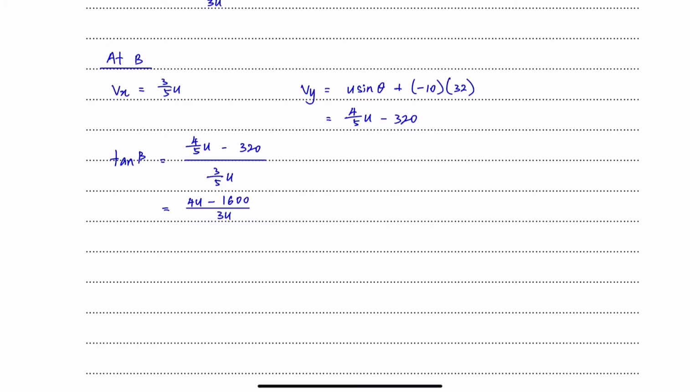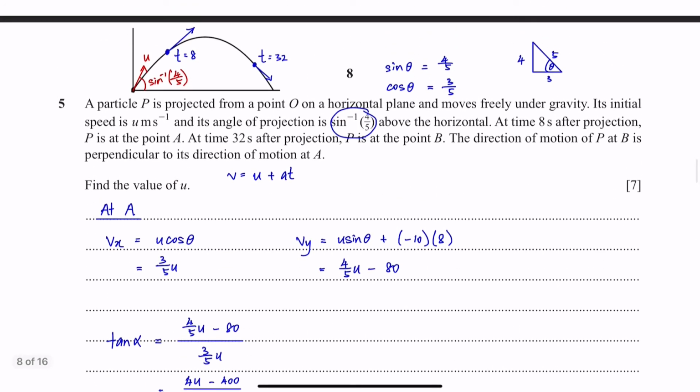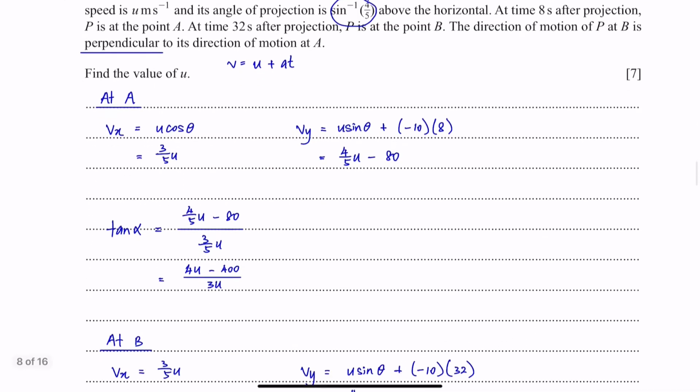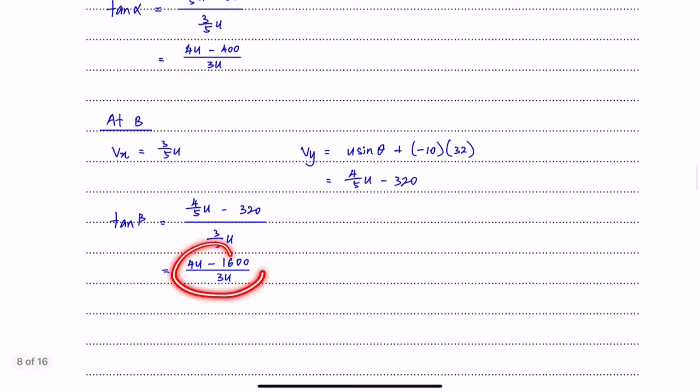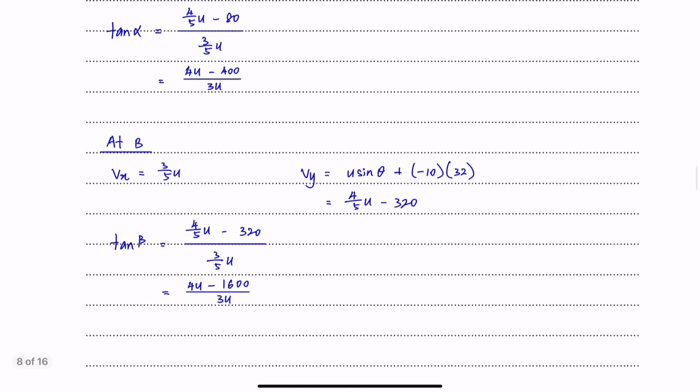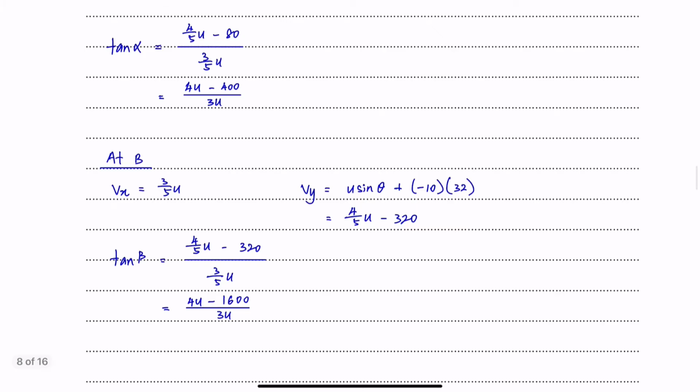So now we have the direction of motion at both points, and we know that they are perpendicular to each other. So we can just take this times this equals negative 1. Why is that so?